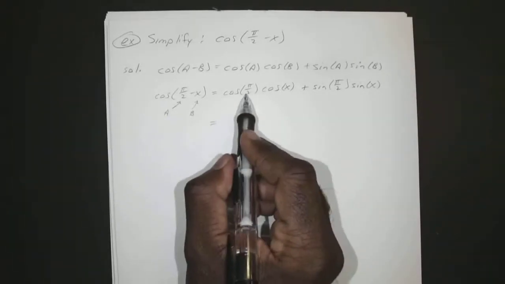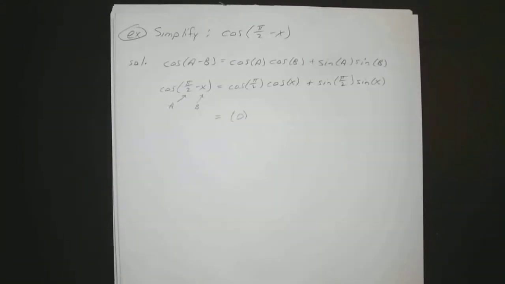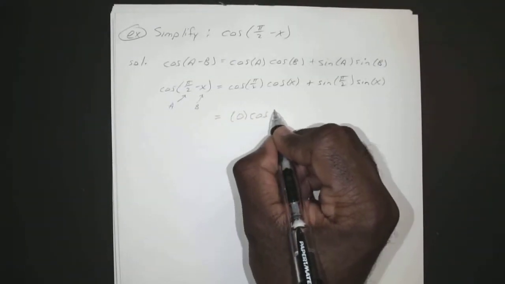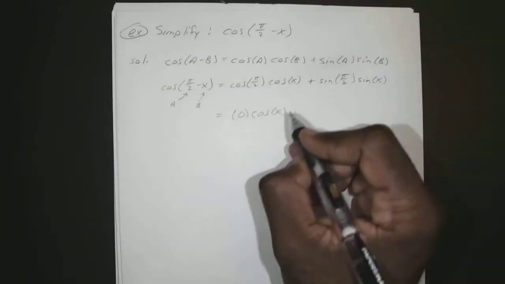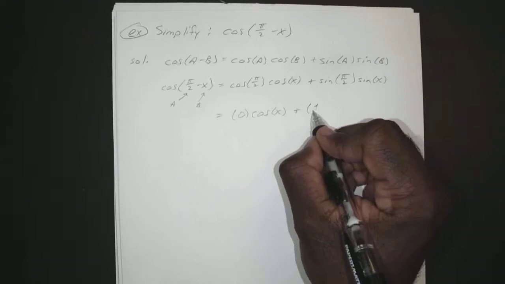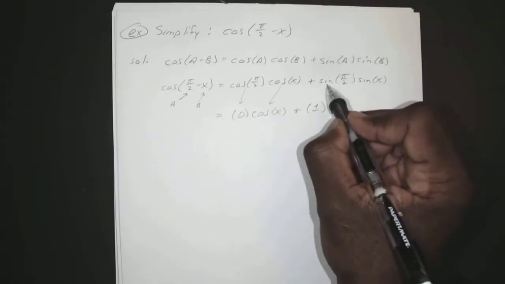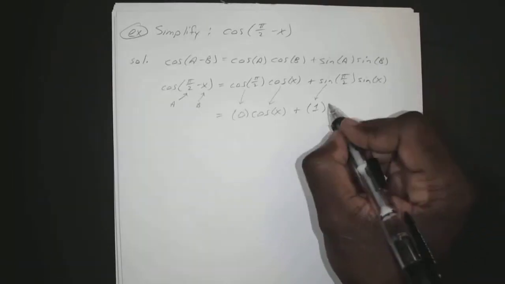Okay, so our cosine of pi over 2 is 0 times cosine of x plus our sine of pi over 2 is 1. Draw a little arrow there. Times sine of x.